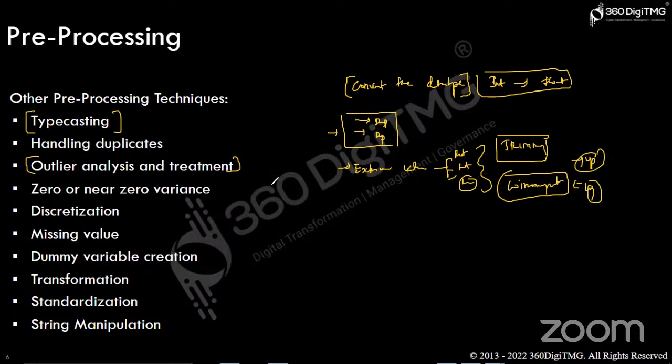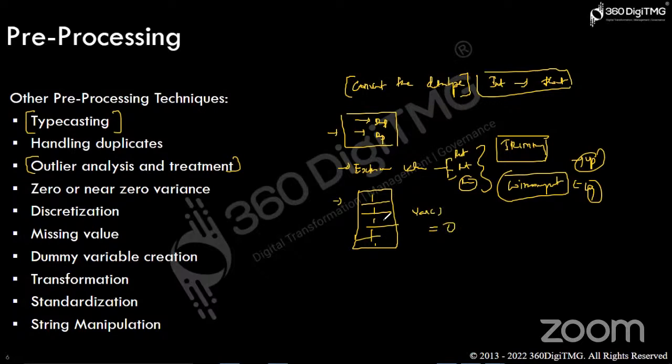The next method is zero and near zero variance. What is zero and near zero variance? If I have some data and all these values are the same, there is no variation in my data. When I calculate the variance value, I am going to get zero.